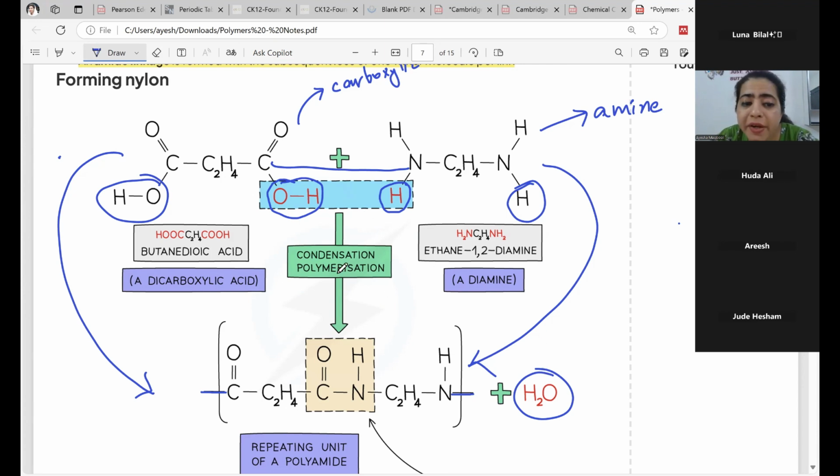We are not writing the side ones. For the sides, we are just showing that this can attach from the sides the same way if something else is coming on the side. Right now, we are not sure if something else is coming or not. But from the center, they are connecting.